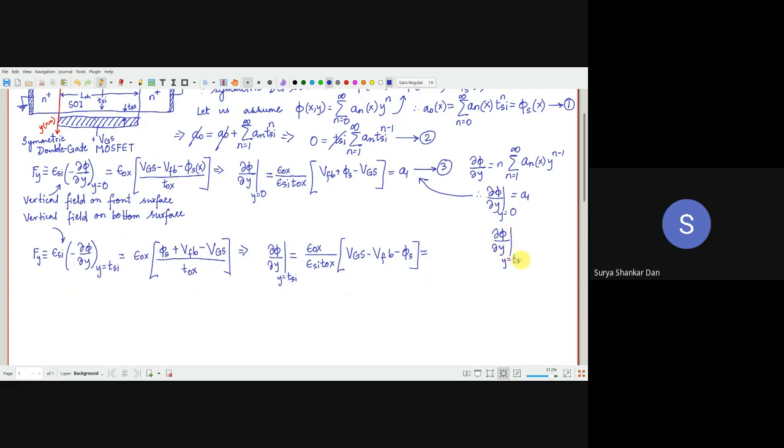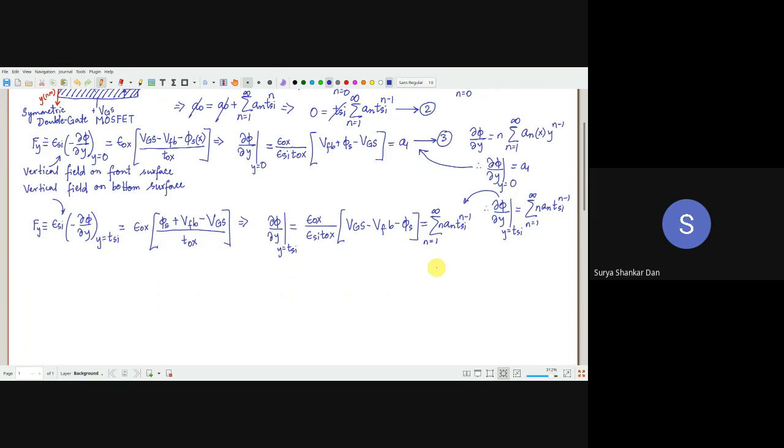That means the silicon thin film thickness. So this is n equal to 0, n a n TSI to the power n minus 1, n is equal to 1 to infinity. Okay, so I'll just put that here. Fine.